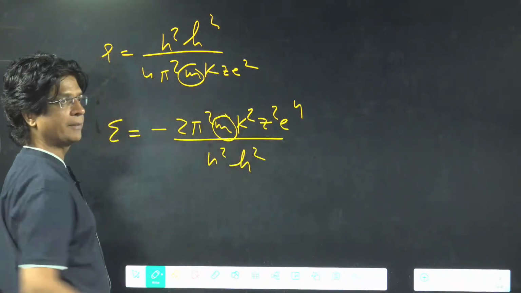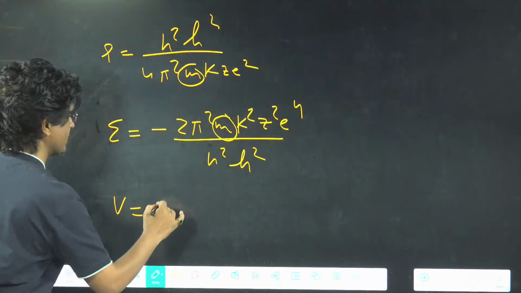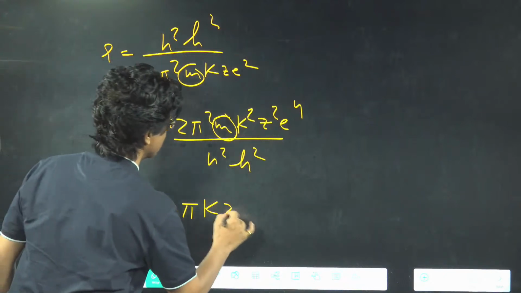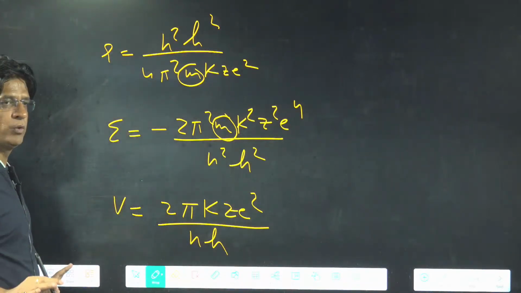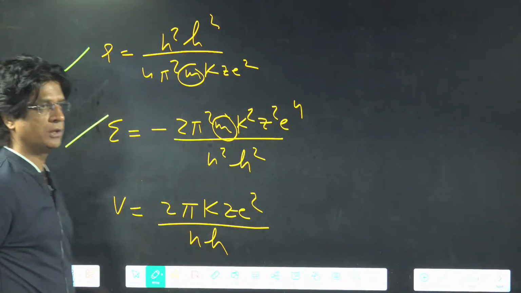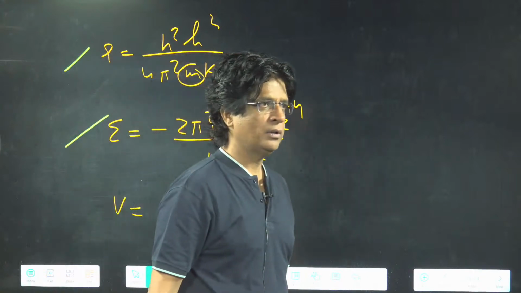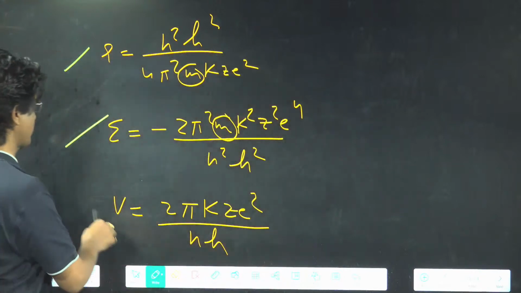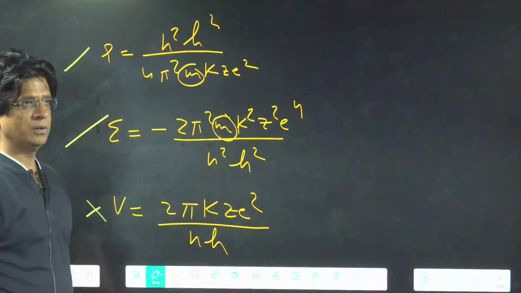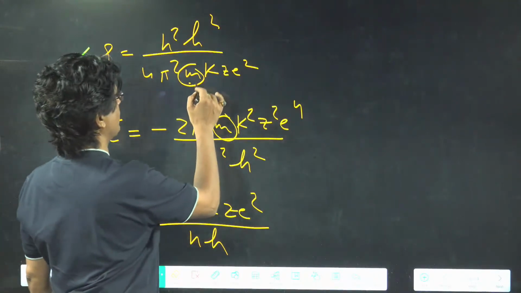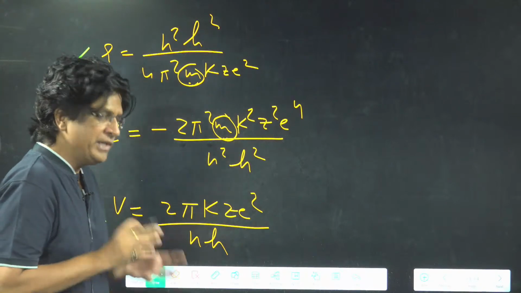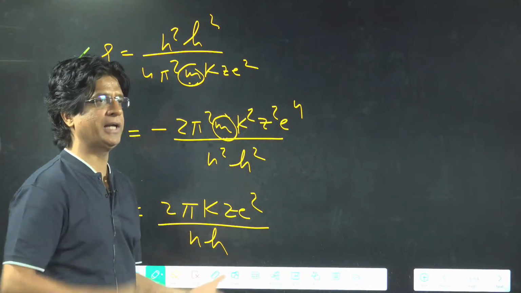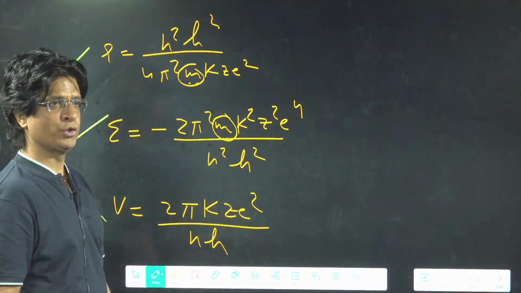Here also m is there. But with velocity, it is 2 pi k Ze square upon nh. There is no mass here. So these two depend on mass of electron, but this does not depend on mass at all. This is inversely proportional to mass, this is directly proportional to mass. So any subtle question they ask you, you should be prepared for that.